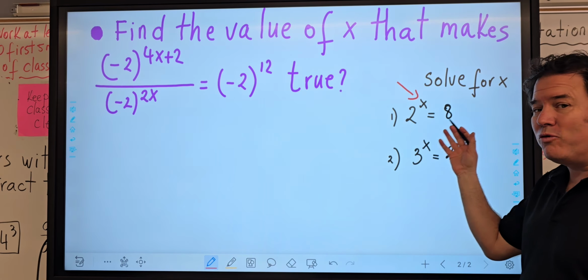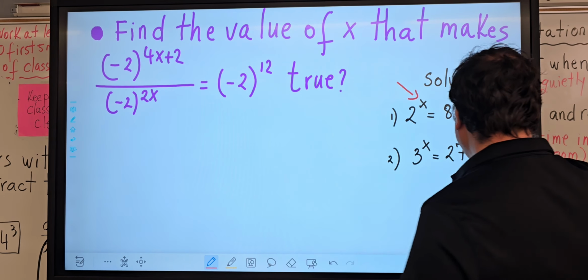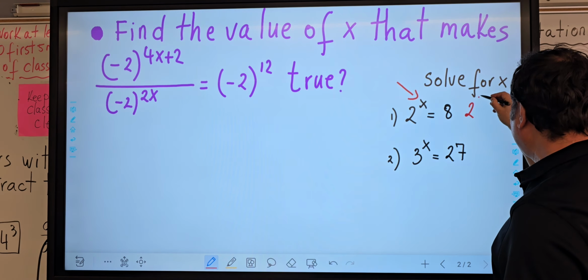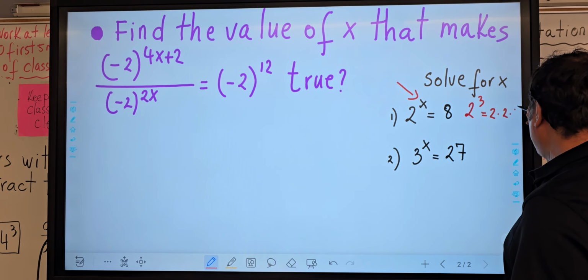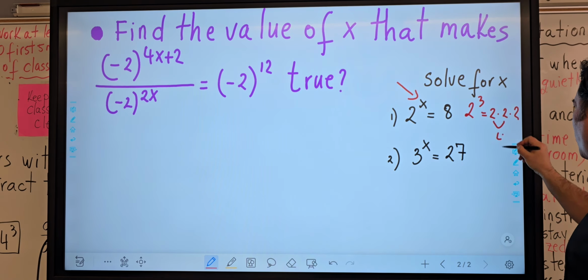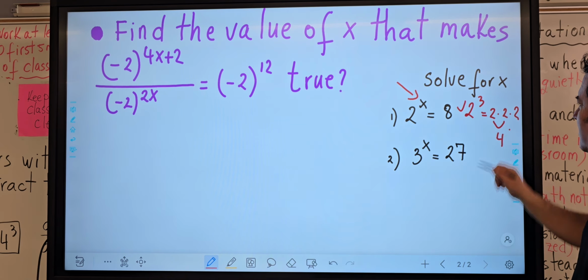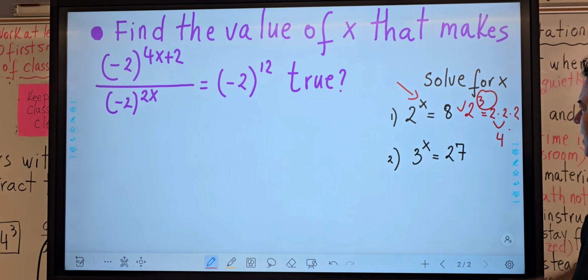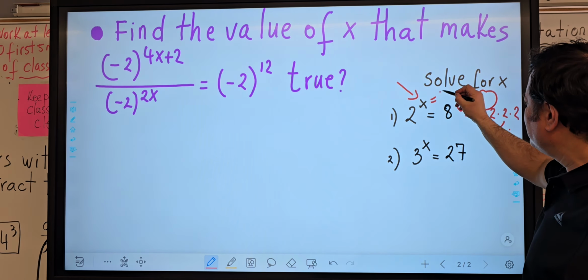How about if we put 3 for x for the exponent? That would mean 2 to the power of 3, which means 2 times 2 times 2. And 2 times 2 is 4, and 4 times 2 is 8. And actually it checks. So we can say the value of x should equal 3.